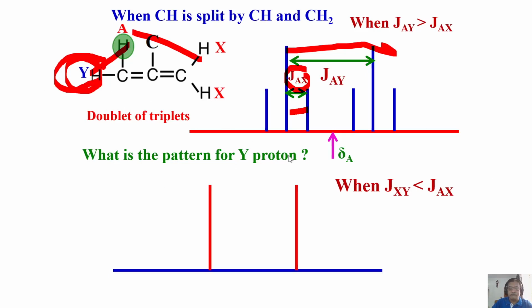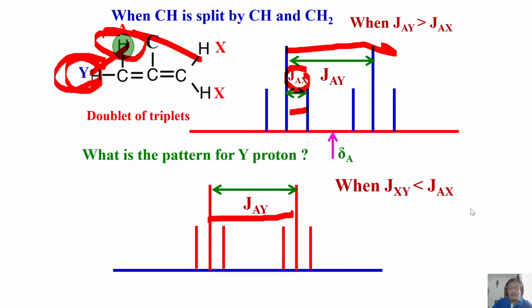Okay, doesn't matter. One of the couplings, AY, splits it into a doublet because of this A. It is a large coupling, JAY. Then each of them splits into a triplet with a small coupling. See, far away, 1, 2, 3, 4 bonds away, this coupling, the YX coupling, is small. Now the pattern remains the same.